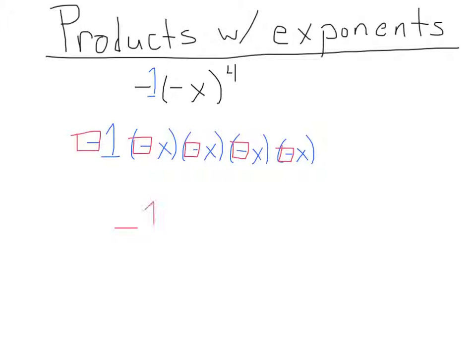We can write down our 1 or whatever number we have after we're done multiplying our numbers together. And now we're going to deal with our x's. So I'm going to write down my x, and I have 1, 2, 3, 4 of them. So I go to the power of 4. So this time our answer is -1 or -x to the 4th power.